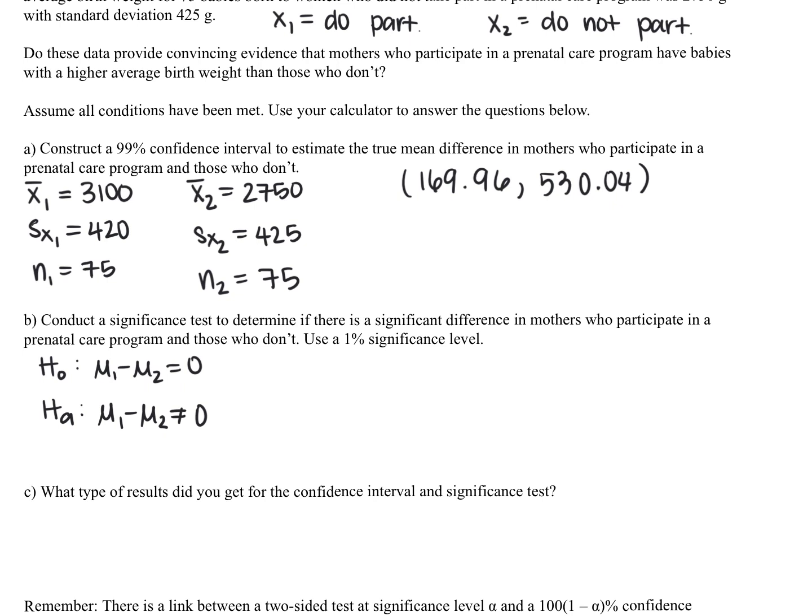Anytime it says conduct a significance test to determine if there is a significant difference, that's an alternative hypothesis of does not equal. So again, we'll go ahead and use the test on our calculator. So we go to stat, test, and then number 4. We're going to input the exact same stats that we used for our confidence interval, and our alternative hypothesis will be does not equal.